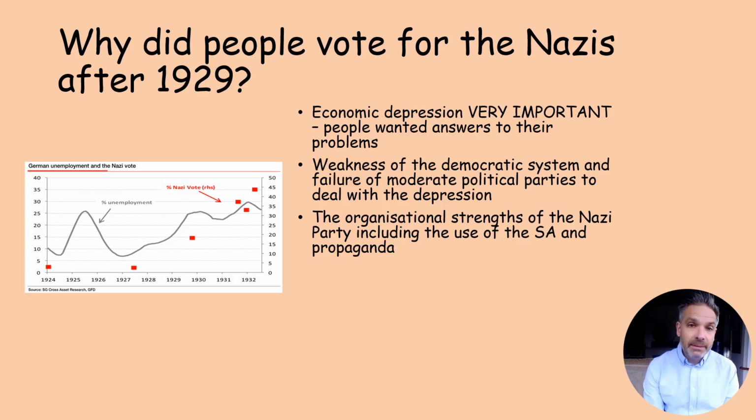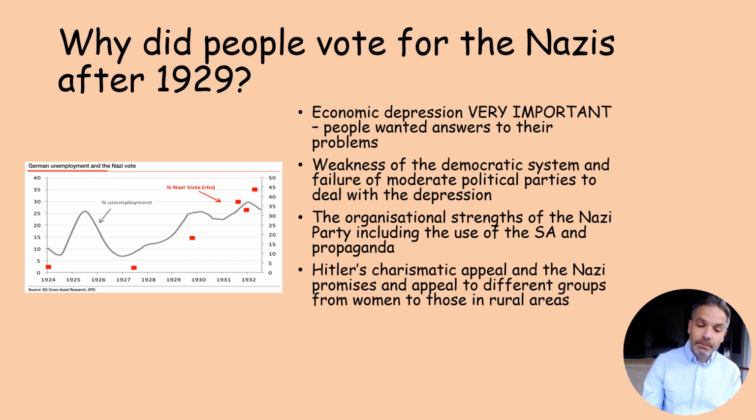The many thousands in the SA, the Nazis can call upon them to intimidate opponents, to promote Nazi literature, etc. And there are also now offices across the country, Nazi offices, which give them a really good political base from which to promote themselves.